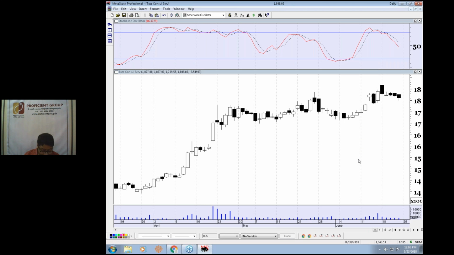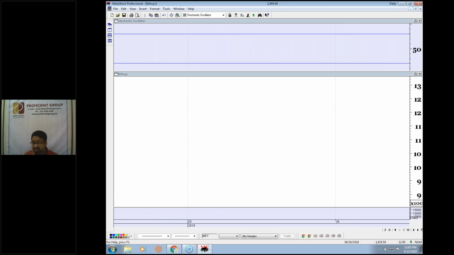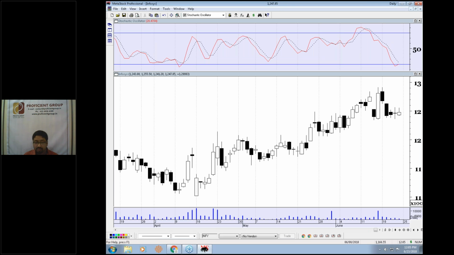The same holds true for Infosys as well. Infosys also belongs to the IT sector and is one of the largest IT stocks. As you can see from this chart, last Friday, I'm talking about the previous Friday, there was a huge rally, and the stock closed at its lifetime high.